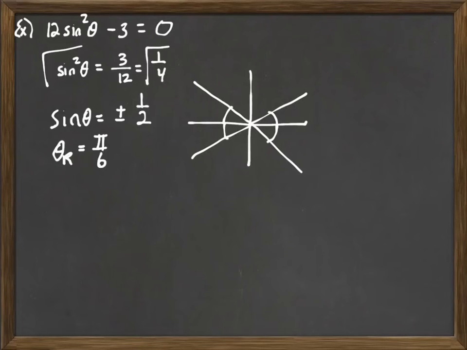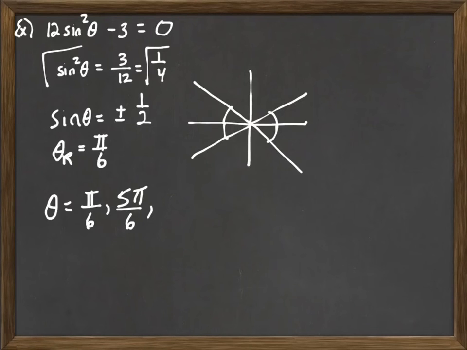And now once it's in there, we use our reference angle to figure out the angle. So in the first quadrant, it's just going to be just that, pi over 6. And then in the second quadrant, that would be pi over 6 short of pi, which would make it 5/6 pi.